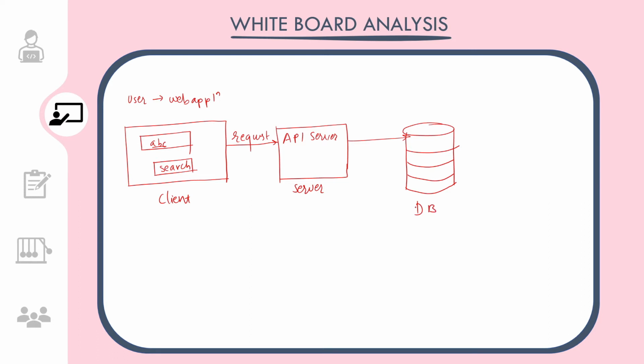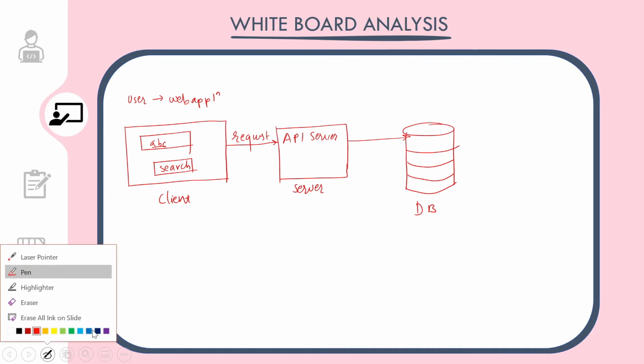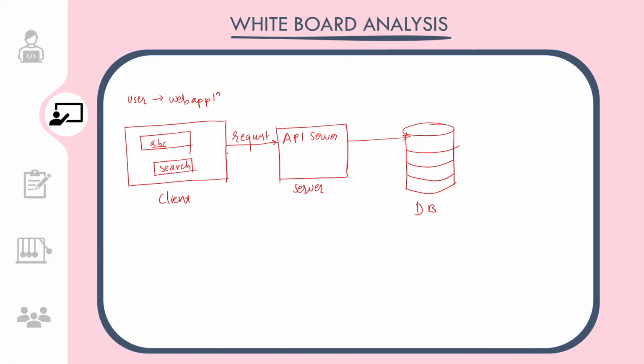So in actual handling, the user is going to enter text in the field. Next, he is going to click on the search button, and according to that there is going to be a process in the back end. The request will be sent to the API server. Accordingly, a structured query language query will be sent from the API server to the database.